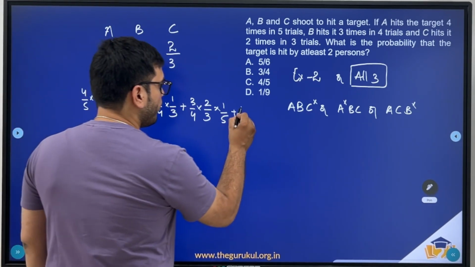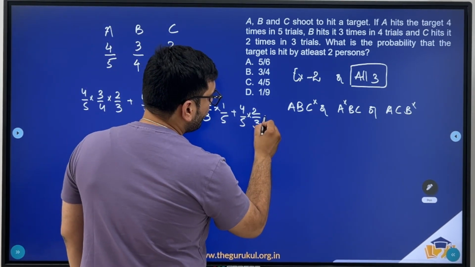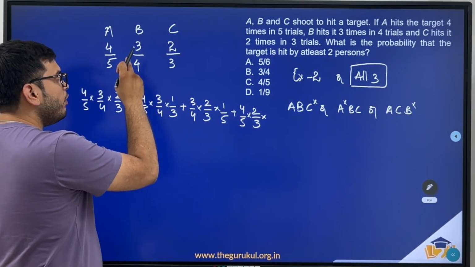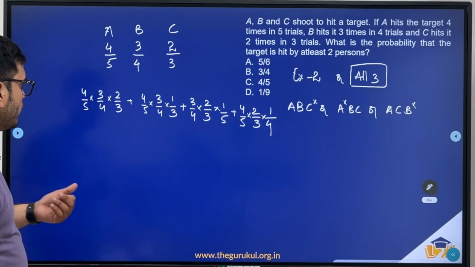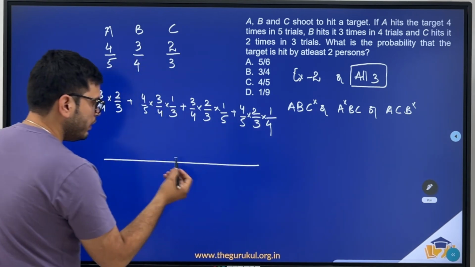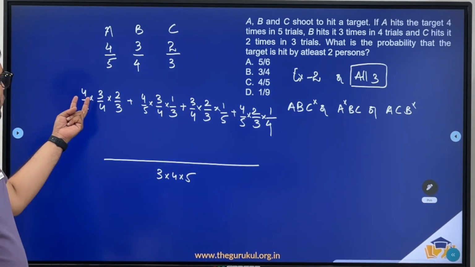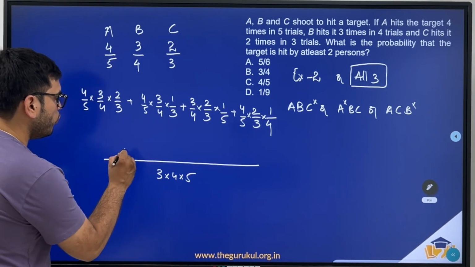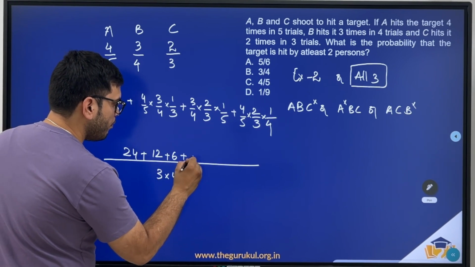the probability of A hitting the target is 4 by 5, probability of C hitting the target is 2 by 3, probability of B not hitting the target, that would be 1 minus 3 by 4, 1 by 4, right? So what would be the LCM? 3 into 4 into 5, then we have 4 into 3, 12, plus 2, 24, plus 12, plus 6, plus 8.